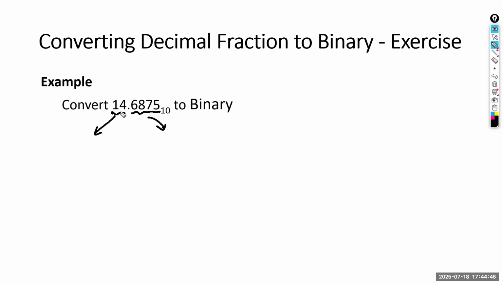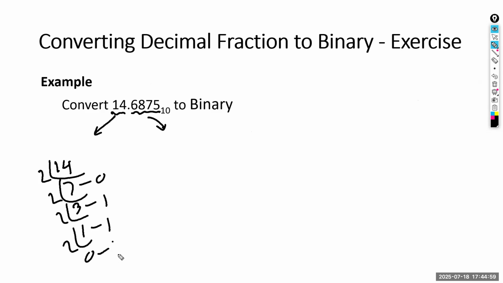So let's do the easier part first. 40, keep dividing by 2. So the whole number part is done: 1110. Check: 8 plus 4 is 12, 12 plus 2 is 14, correct.